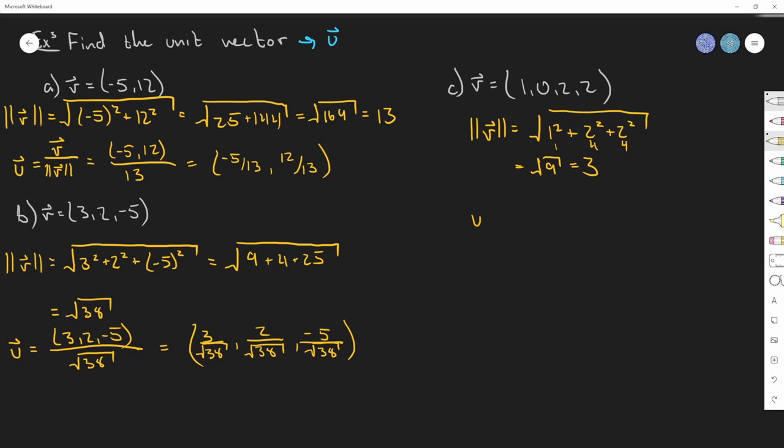And so our unit vector is going to be 1, 0, 2, 2, all over 3, which would be 1/3, 0, 2/3, and 2/3. And there you go. That is all the examples with just magnitude and unit vectors.